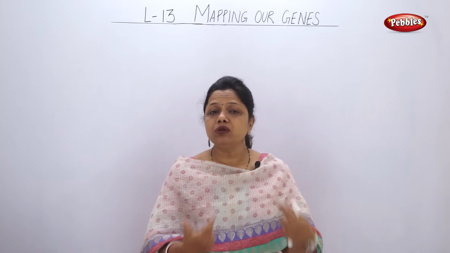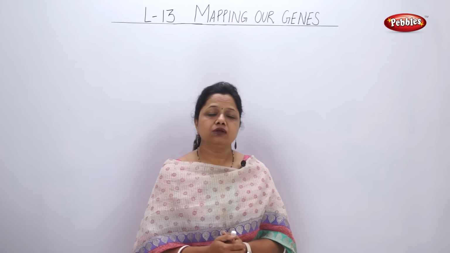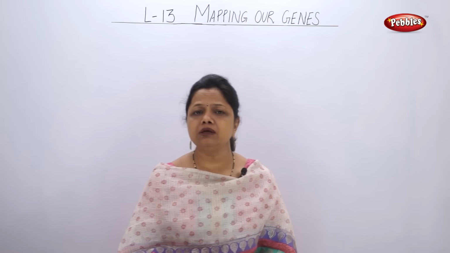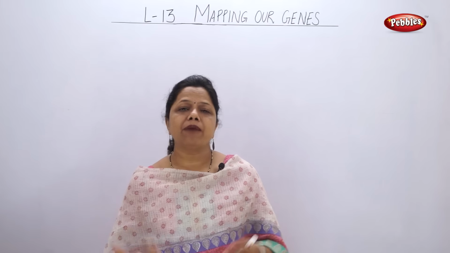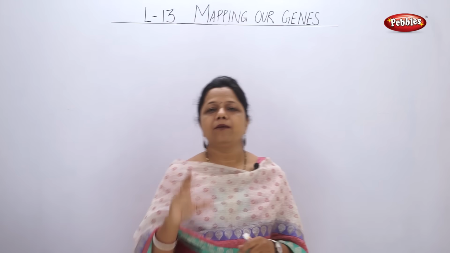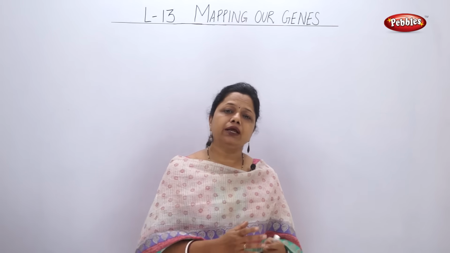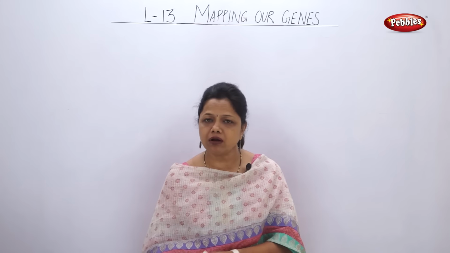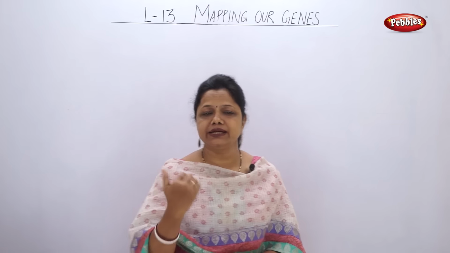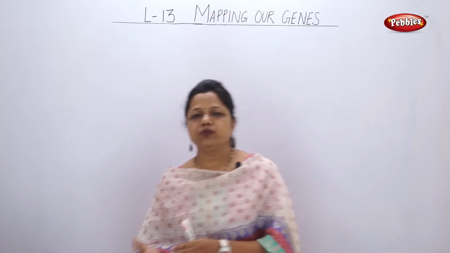When I talk of both the parents, I am talking of sexual reproduction. So in this chapter, we are going to see how genes can be mapped. Now we are not going to draw a map. Here, mapping our genes means we are trying to find out what the gene is responsible for, or how this genetic character is transferred from parents to offspring.